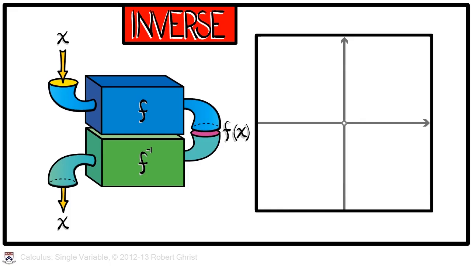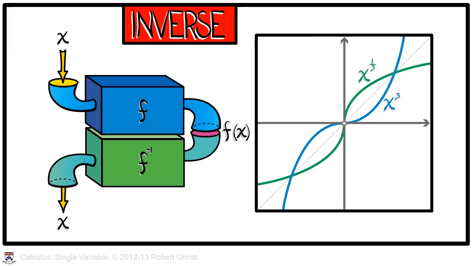Let's look at a specific example where we take as f the function x cubed. What would the inverse of this be? Well, it has to be a function that undoes whatever x cubed does. This is, as you may have guessed, x to the 1/3 power, or the cube root of x. Now, there are several ways to see why this is right.